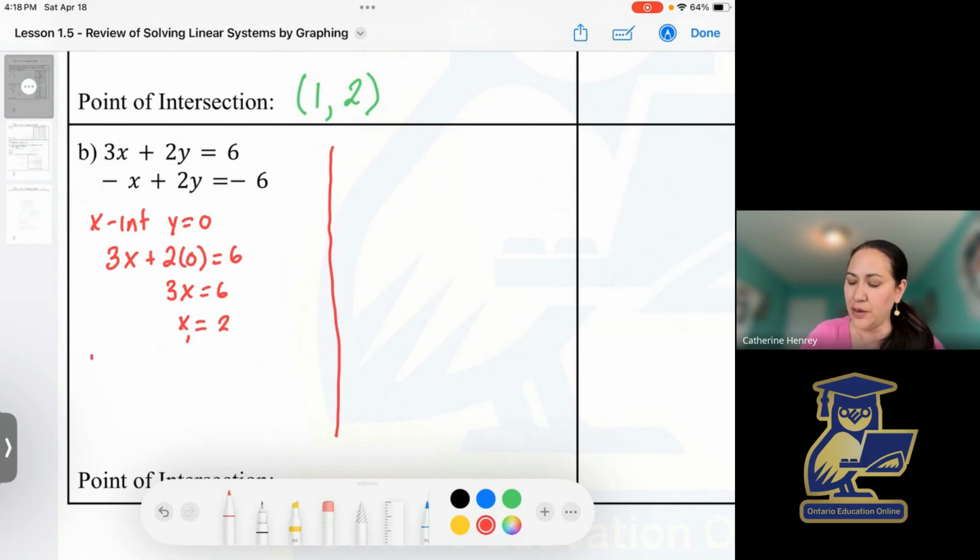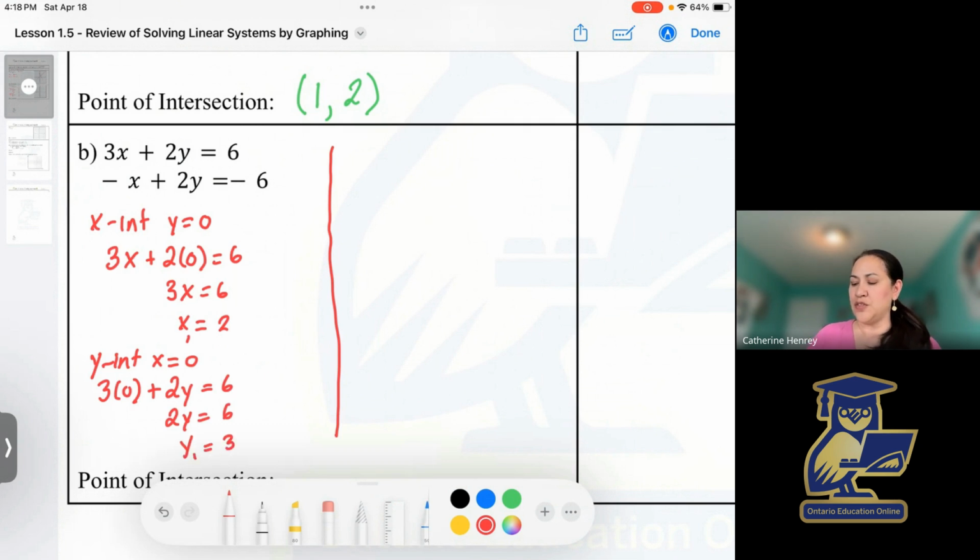Then if I want to find the y-intercept, I set x equal to 0, and I'll have 3 times 0 plus 2y equals 6. So 2y equals 6, and y1 is going to be equal to 3. So I have my x-intercept and my y-intercept of the first equation.